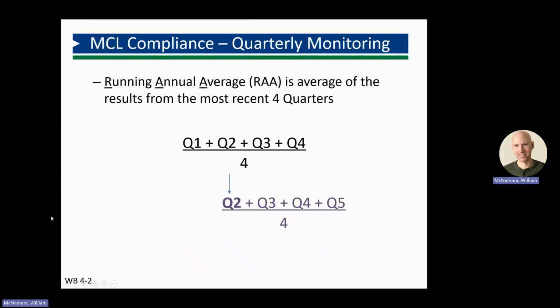The next quarter, this is the reason it's called running, we drop off quarter 1 and we add quarter 5. So 2, 3, 4, 5 are averaged together by dividing by 4, and that gives you your latest running annual average.